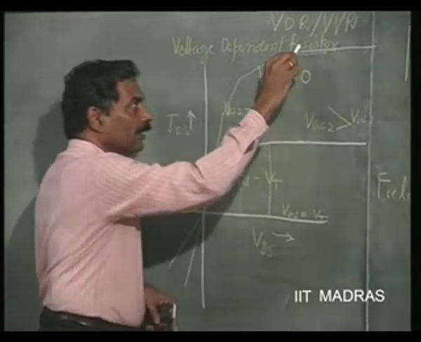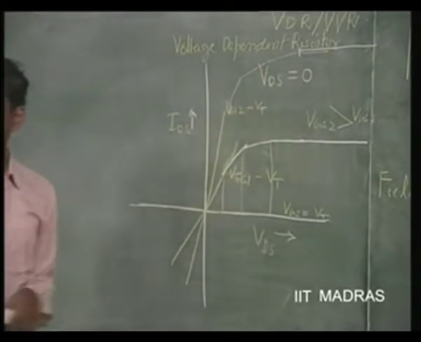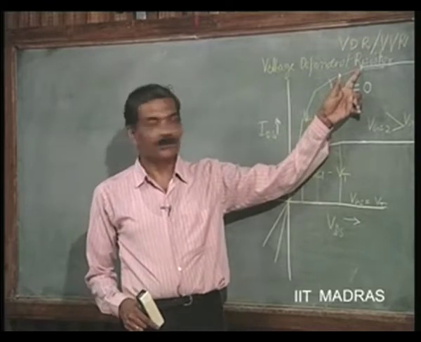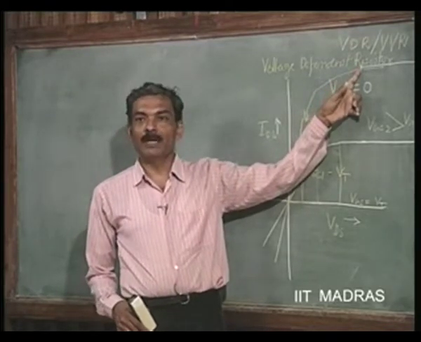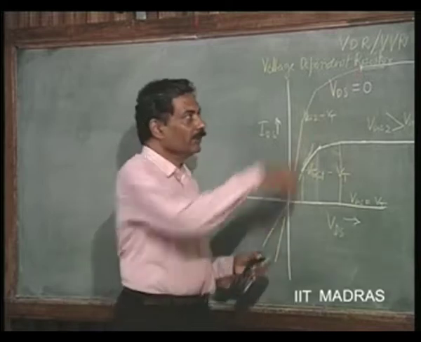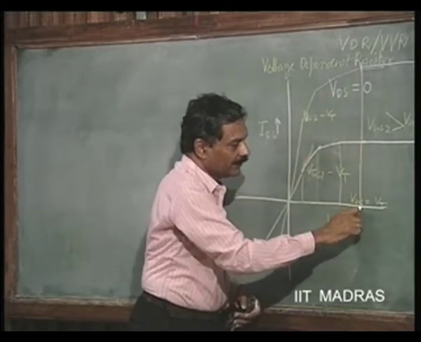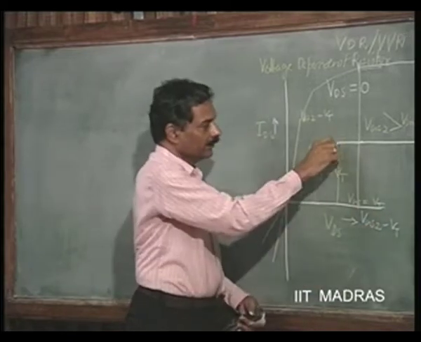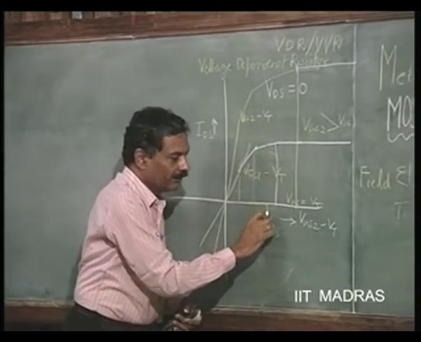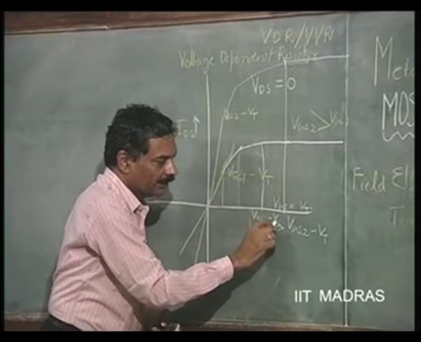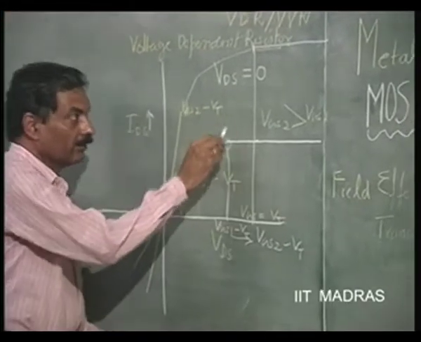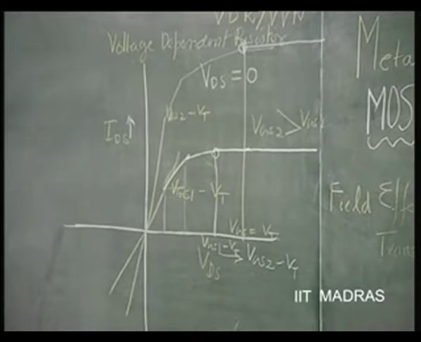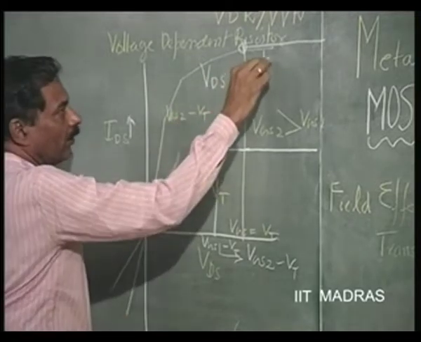at a higher VDS, okay, because what is the voltage at which it gets pinched off? VGS2 minus VT. So, the voltage VDS corresponding to which it is getting pinched off is VGS2 minus VT. Here it is corresponding to VGS1 minus VT. So, this is called pinch off.